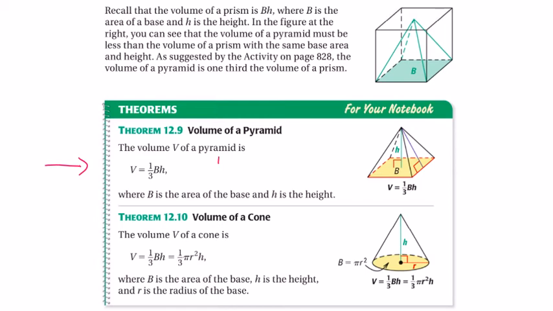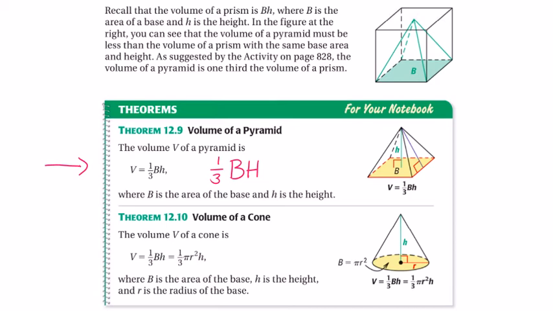One thing I always like to note is that the capital B is the area of the base of your pyramid or prism, and I like to make this a capital H so you know it's the height of the pyramid or prism instead of the height of the base that you are looking to find the area of.